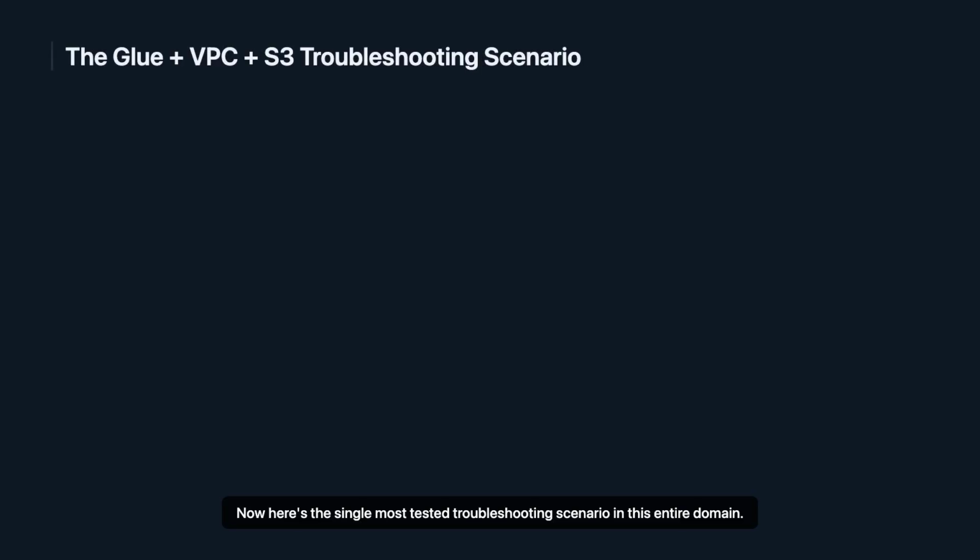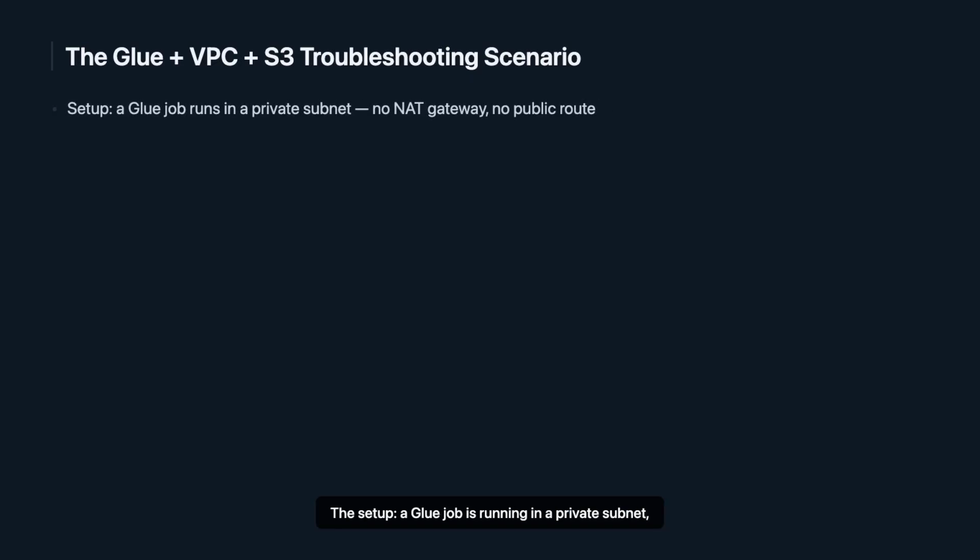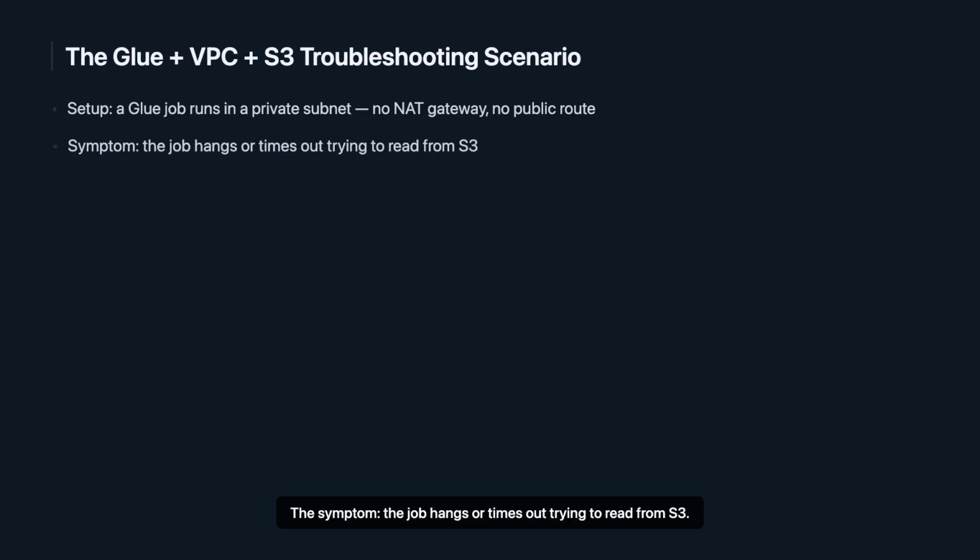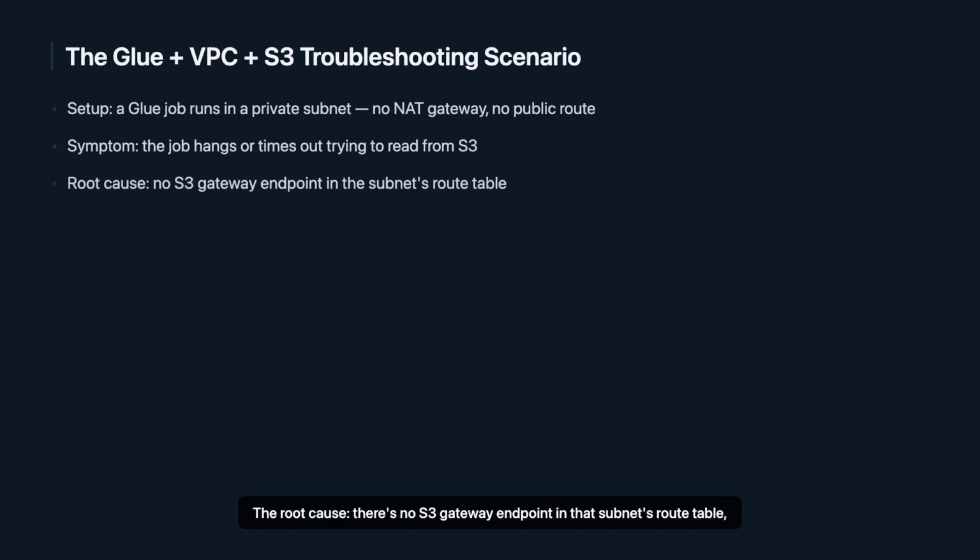Now here's the single most tested troubleshooting scenario in this entire domain. The setup: a Glue job is running in a private subnet with no NAT gateway and no route to the public internet. The symptom: the job hangs or times out trying to read from S3. The root cause: there's no S3 gateway endpoint in that subnet's route table, so the Glue job has no path to S3 at all.